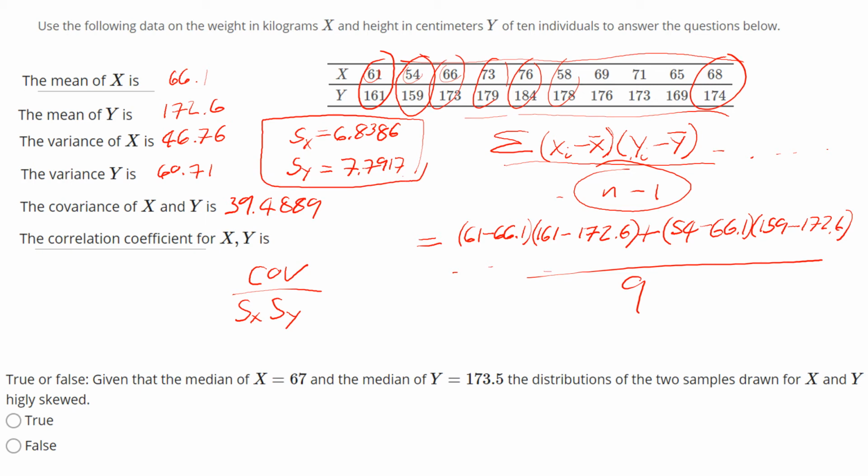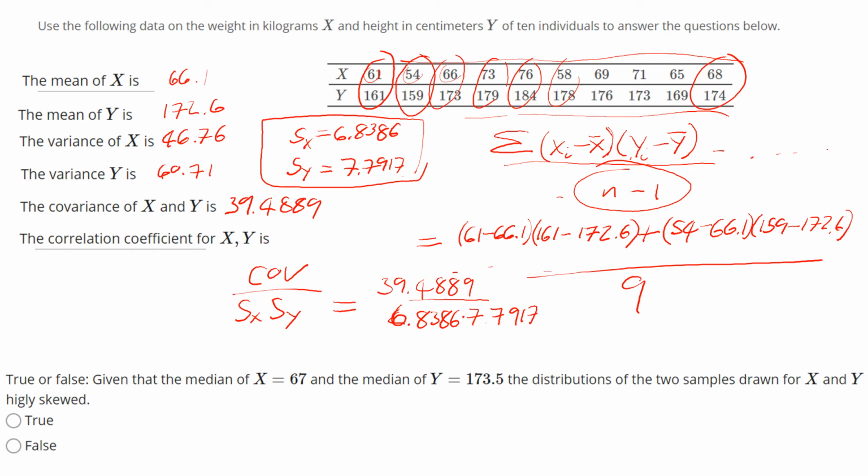So this becomes 39.4889 divided by 6.8386 times 7.7917.